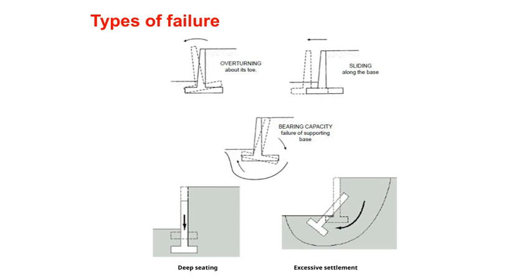Both of these failure types highlight the importance of proper site investigation and foundation design. By understanding these failure modes, we can better plan and implement measures to prevent such issues, ensuring stability and longevity of the structures we work on. Remember, identifying these problems early is key to avoiding costly repairs and safety risks down the line.